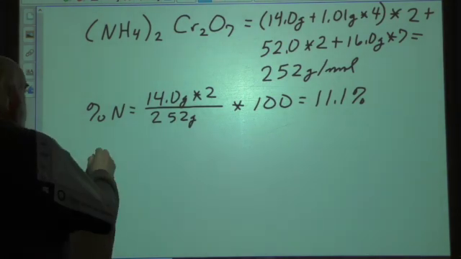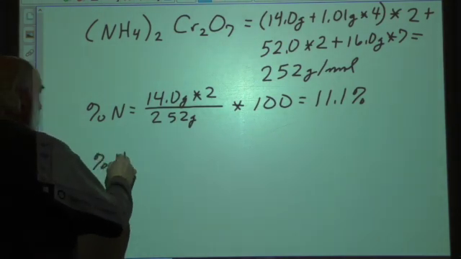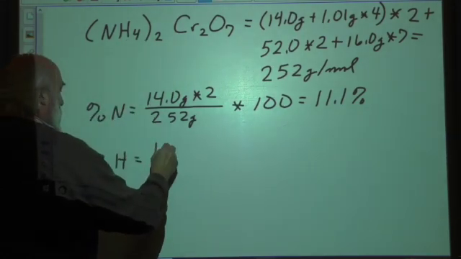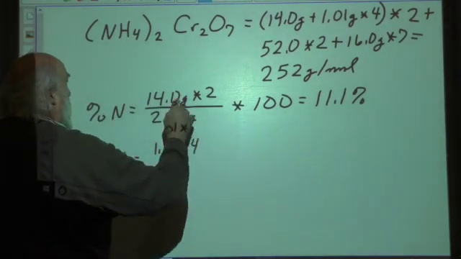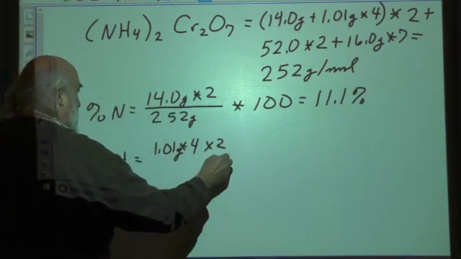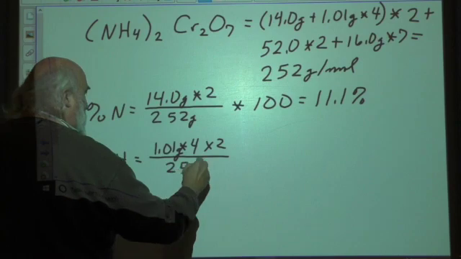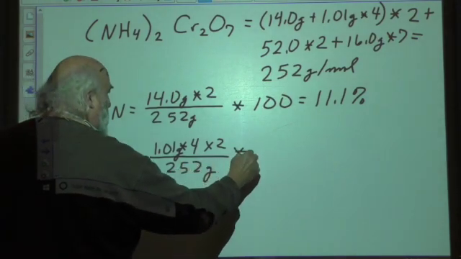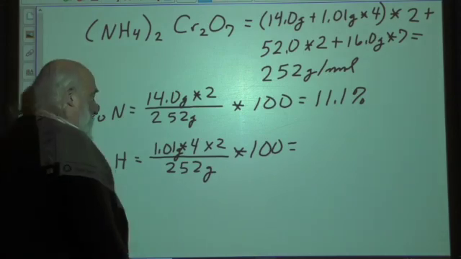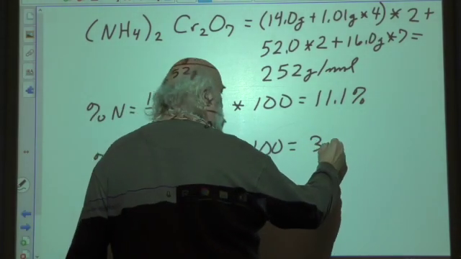Hydrogen: we have hydrogen times 4, hydrogen 1.01 times 4, and then that is doubled, times 2, that's grams there, divided by 252 grams, times 100, that gives us 3.21%.